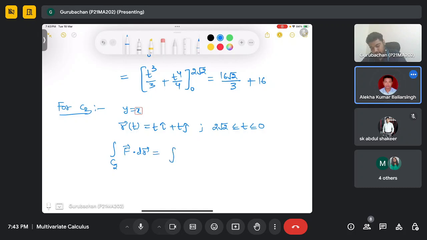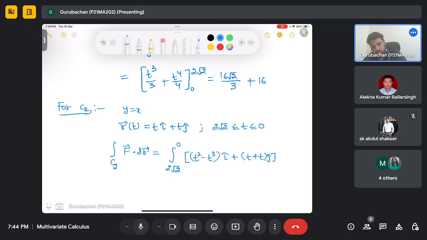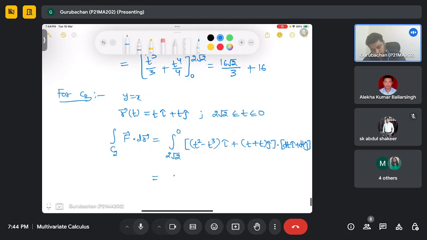So this will again give us the integral from 2 under root 2 to 0, and the given force field is x square minus y cube, that is t square minus t cube, since here x and y are both t, i cap, plus x plus y, that means t plus t, j cap, dot product with dt i cap plus dt j cap.